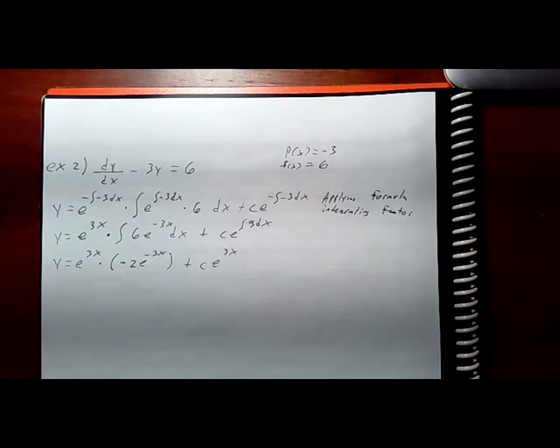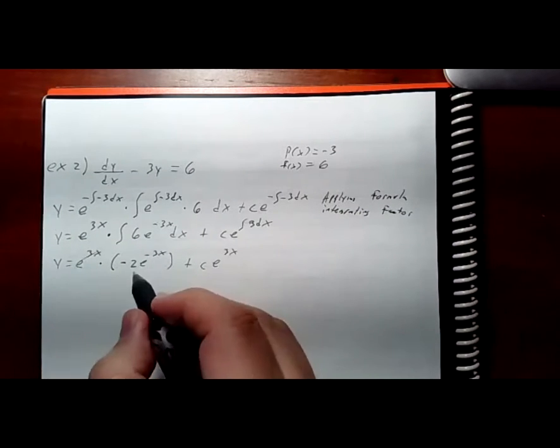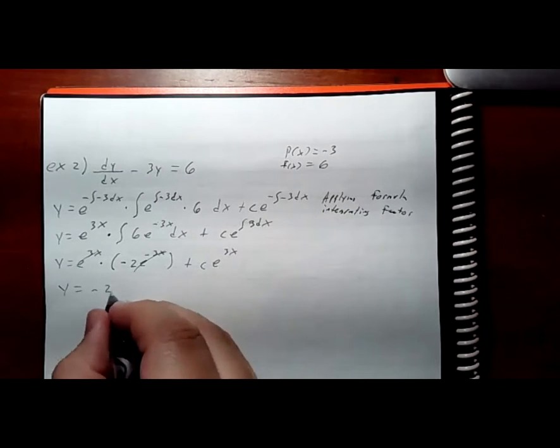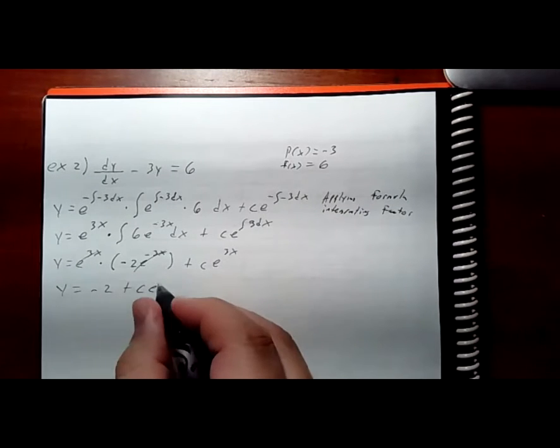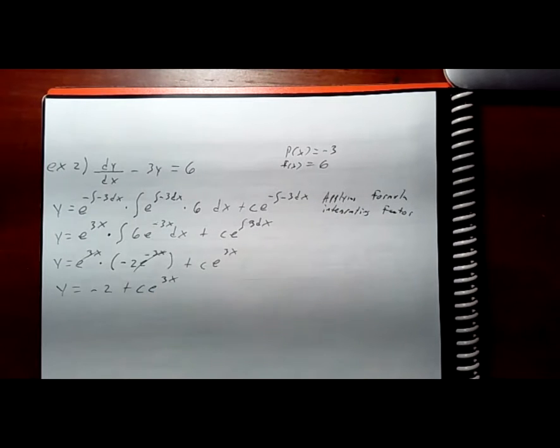So this technique we're going to call the integrating factor. That's what we're doing today. So multiply e to the 3x times e to the negative 3x, these will cancel. This will leave me with a solution of negative 2 plus ce to the 3x.